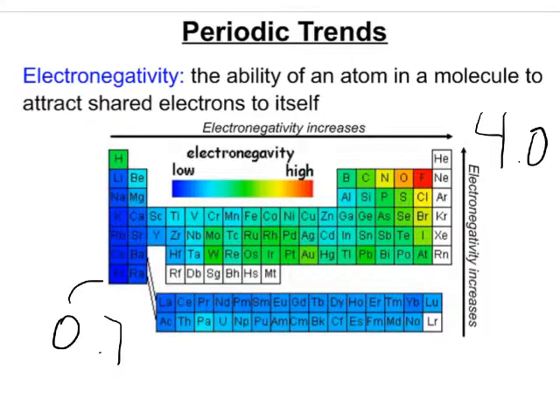Those are the assigned electronegativity values, and those are obtained by basically conducting a lot of experiments with each of the atoms and seeing how they bond with other atoms and taking a lot of notes of comparison. So that's how that scale works.